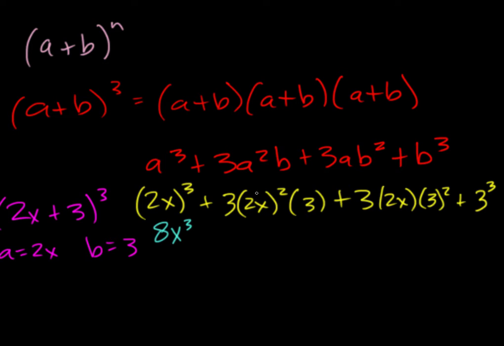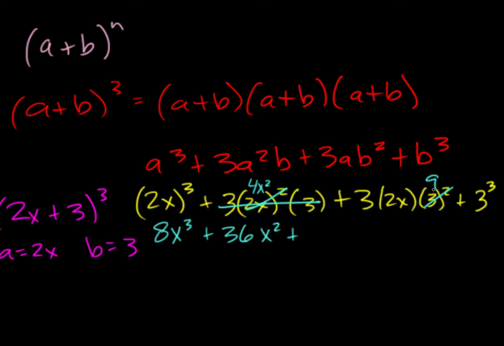If we square this, we're going to get 4x squared, and then we'll times the 3 times 4 times 3, so 12 times 3 is 36. That takes care of all that.